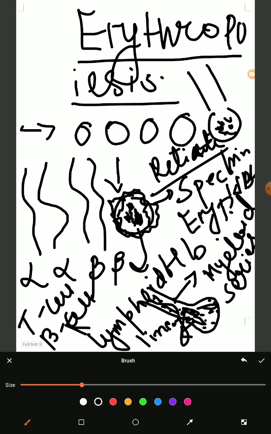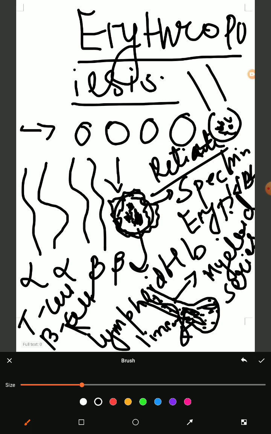The reticulocyte cell is the immature, incompletely formed RBC, which later on gets converted into mature RBC. So that is the part of erythropoiesis handling.